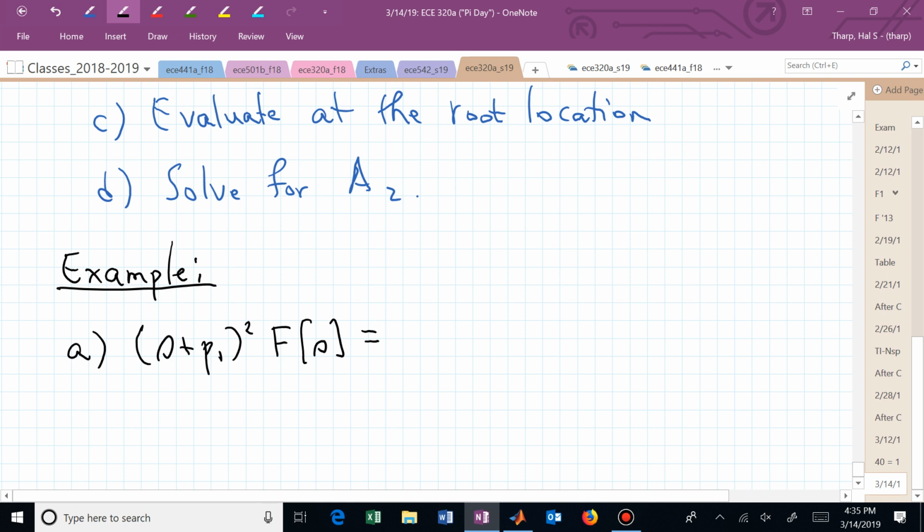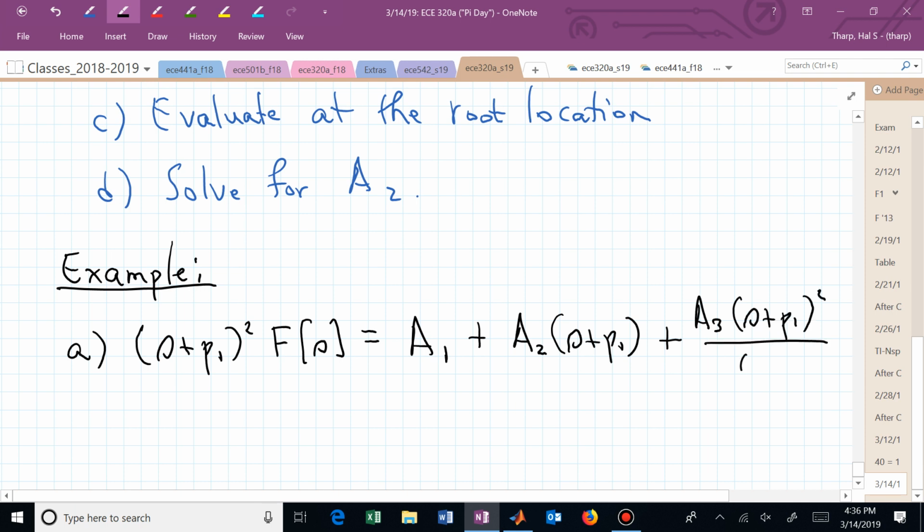So in terms of what we've done, A1 was on top of s plus p1 squared, so we now cancel it. What did we have before? We have A sub 2 sitting on top of s plus p1, and we're multiplying by s plus p1 squared. This now has an s plus p1 multiplying it. Then we have A sub 3 s plus p1 squared over s plus p sub 3.